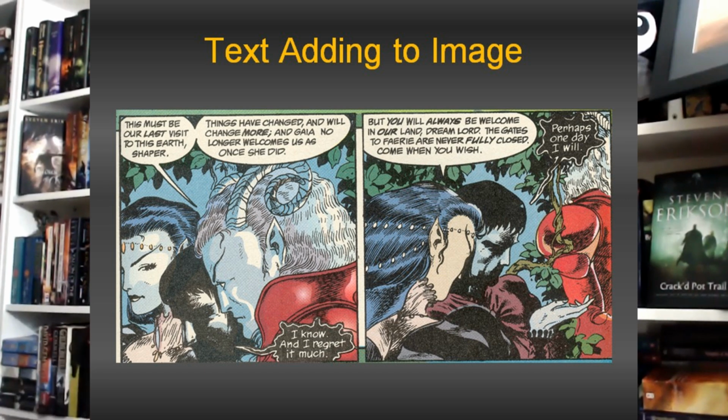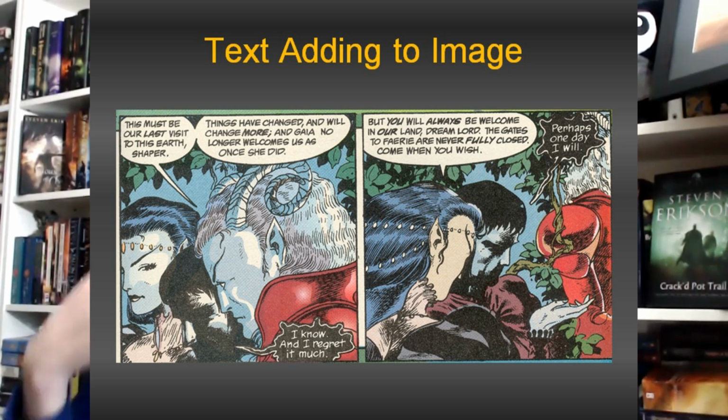And let's look at this text and see how it can be interpreted in terms of additional information. So Titania's offer: "But you will always be welcome in our land, Dreamlord. The gates to fairy are never fully closed. Come when you wish." On the one hand, an entirely above board invitation from one royal to another in response to this generous act of putting on a play for them.